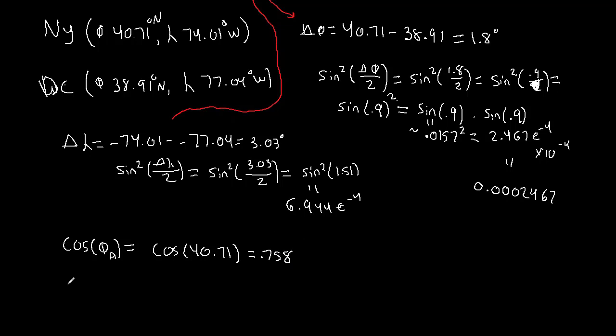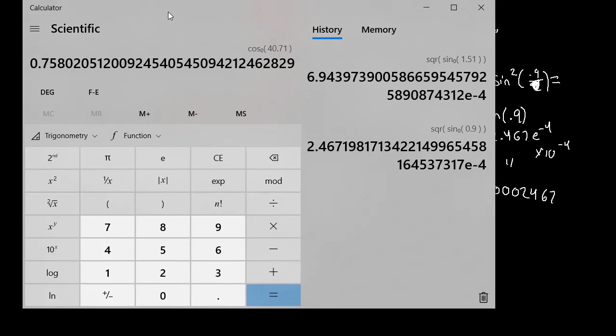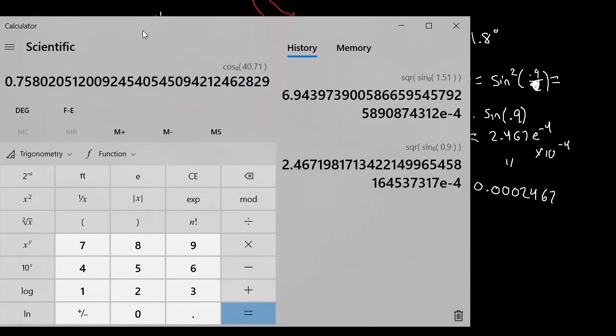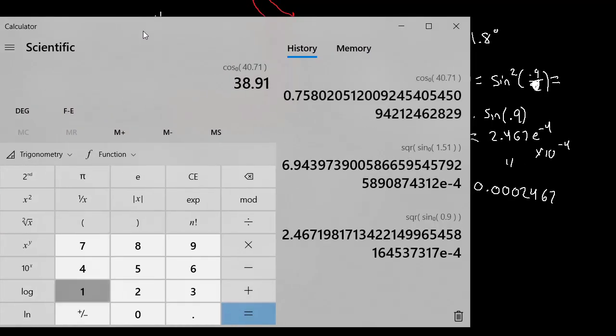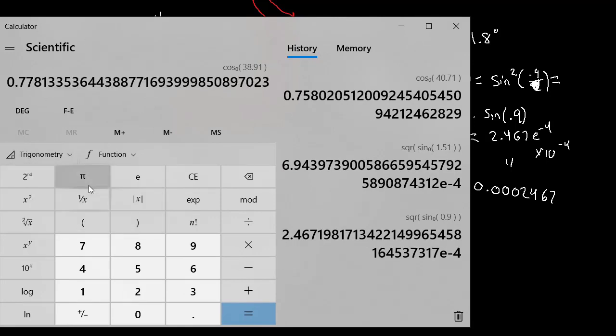The cosine of phi B, which is 38.91: again, click trigonometry, click cosine, it's 0.778.